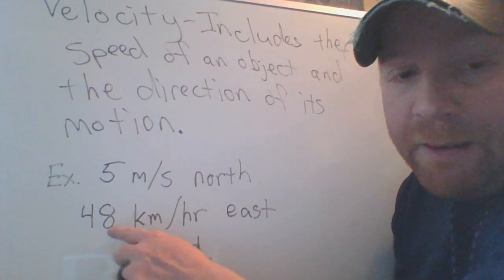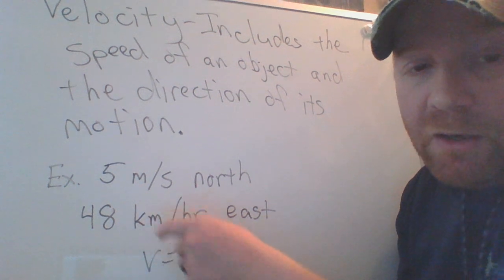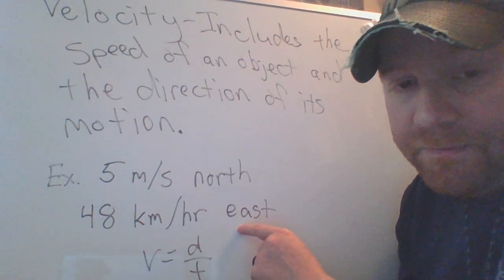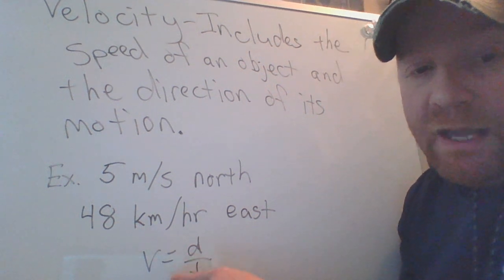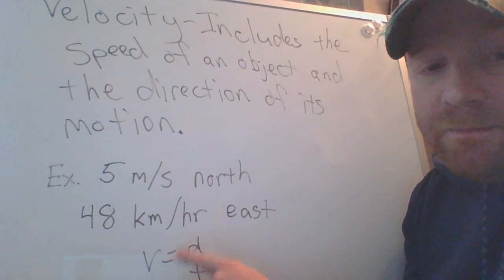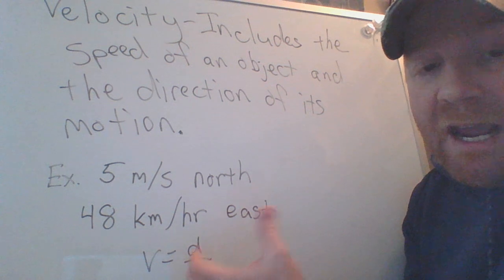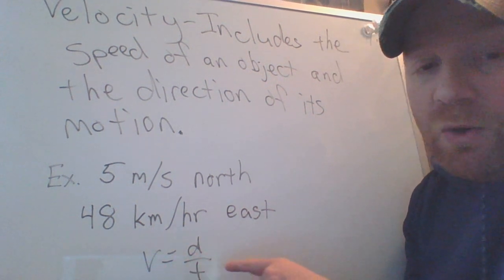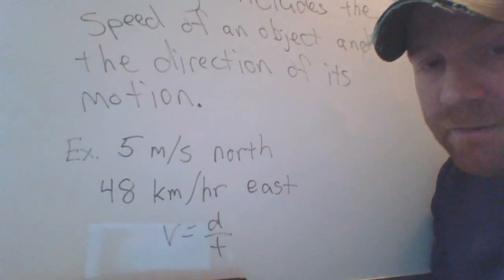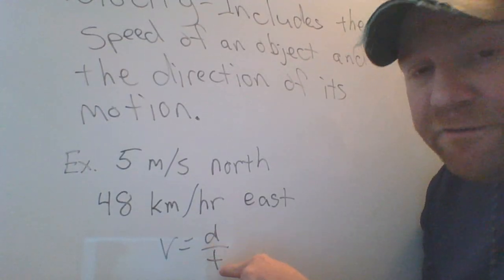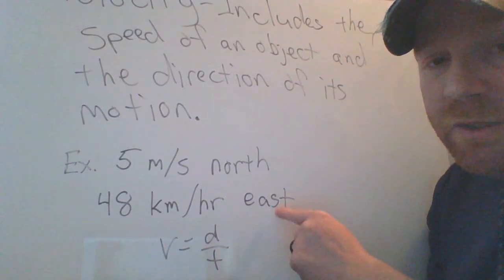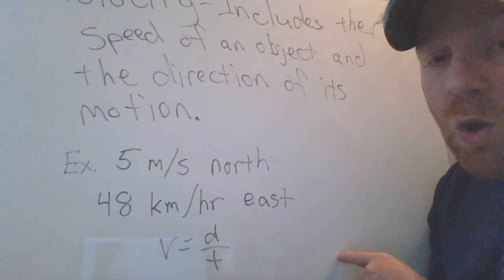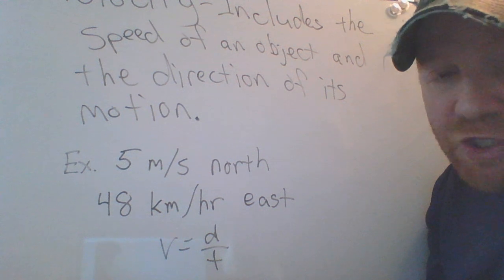I gave another example, 48 kilometers per hour, but I included the direction east. Also, in order to calculate velocity, we're still going to use the same formula as we did for speed. Velocity is also going to be calculated as distance divided by time. But as you can see up here, we're going to include the units, but we're also going to include a direction.